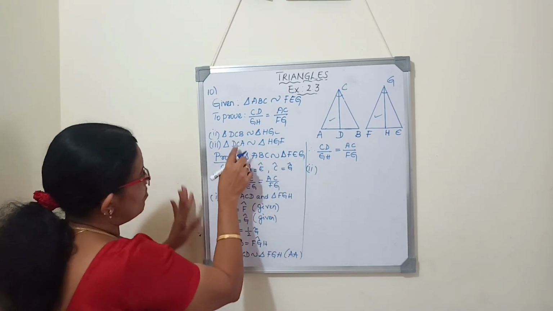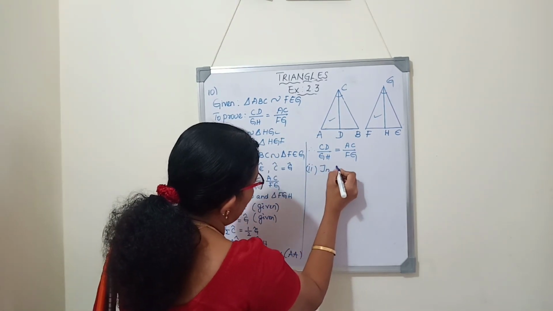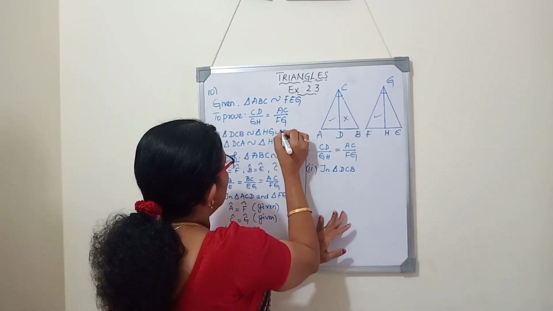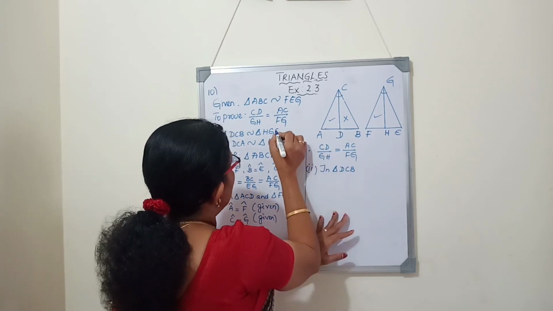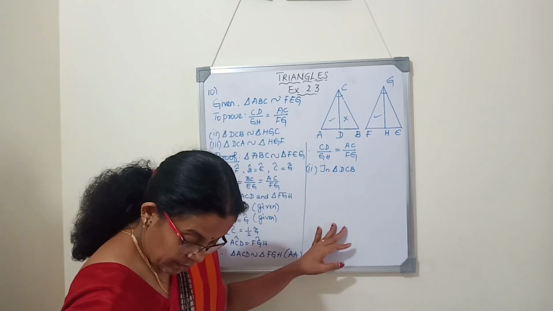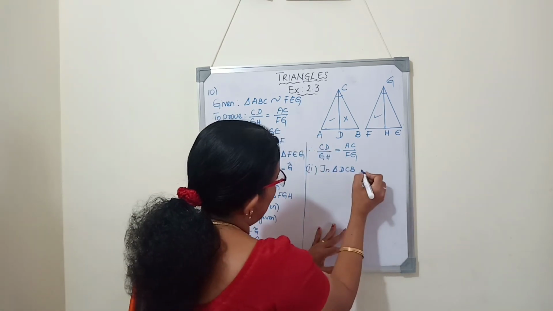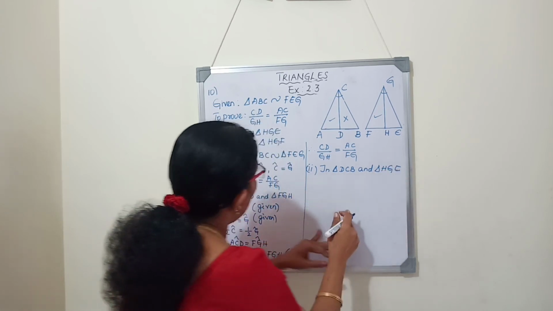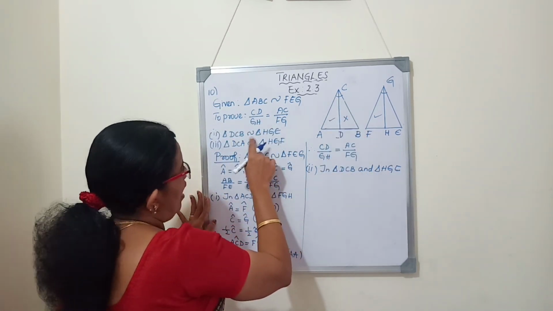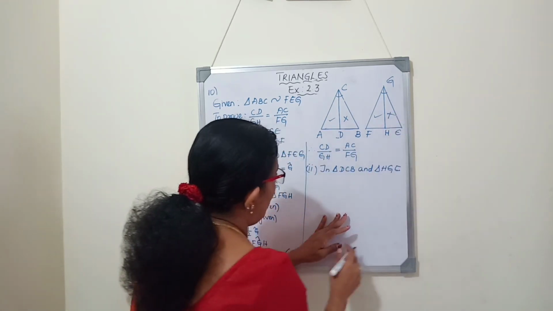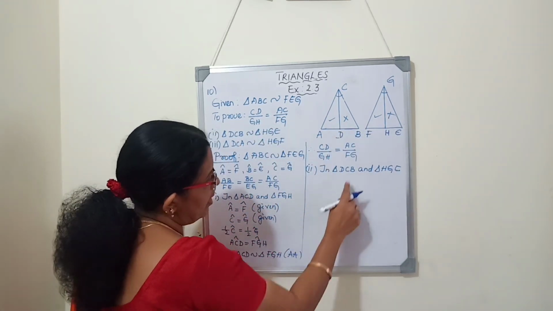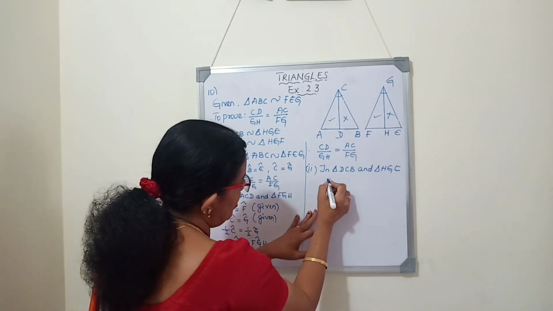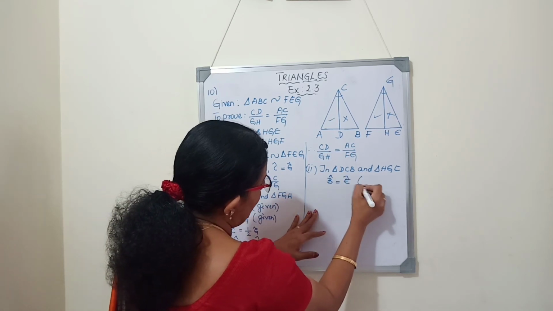In the second case, triangle DCB and triangle HGE. Now, DCB is this triangle, and HGE is the second triangle. So we have to prove that these two triangles are similar. Here in these two triangles we know angle B is equal to angle E. It's already given.